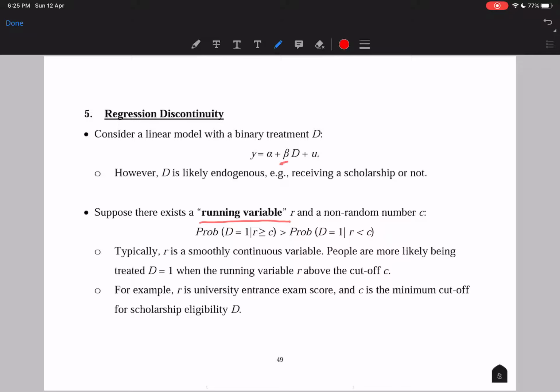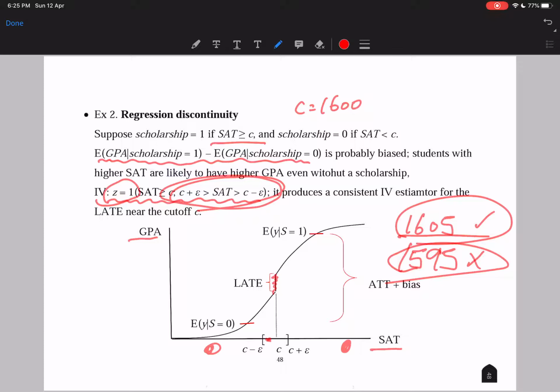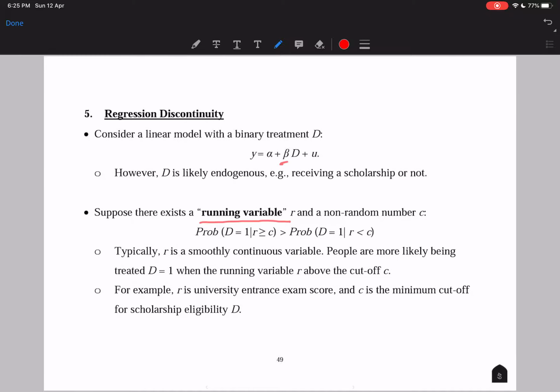Okay, so this is a generalized version of what we just discussed before. Here we said if you're above the cutoff, you will have a scholarship. Here we generalize that: if the random variable is above the cutoff, you are more likely to receive the treatment. So the probability may not be 1, but the probability will be higher than if your random variable is below the cutoff.